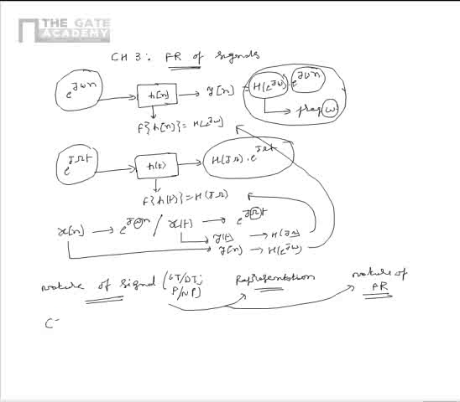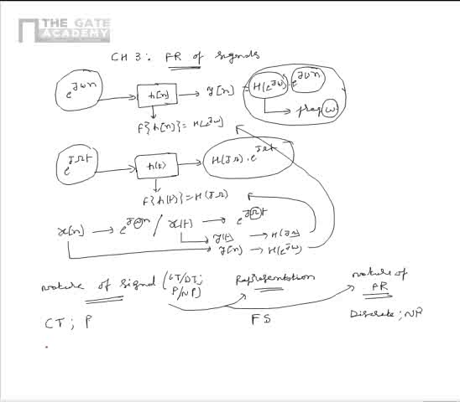Let us consider a continuous time signal, and let the signal also be periodic. In this case, we see that the frequency domain representation of the signal can be given by Fourier series. Also, please note that the Fourier series coefficients are discrete and non-periodic.